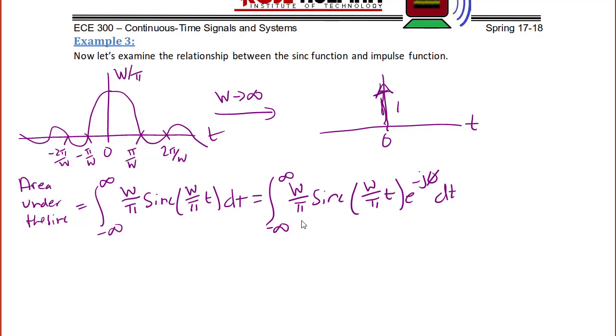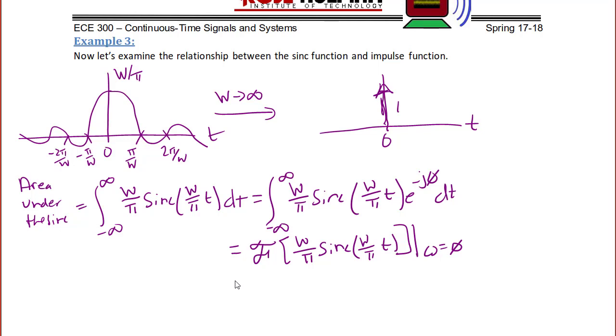Now what you should see here is that this expression in the integral actually looks like a Fourier transform except omega is equal to 0. So we can rewrite this as the Fourier transform of w over pi sinc of (w over pi)t, evaluated at omega equal to 0.